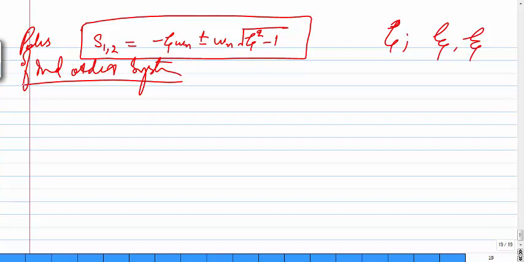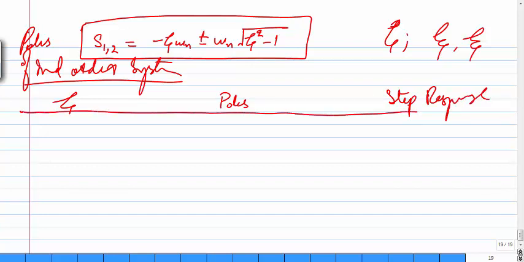Now let's look at different values of zeta, the damping ratio, and look at how the poles look, and then how the step response looks. Assume that zeta is 0. This means there is no damping, so the poles are on the j omega axis. We already discussed this.